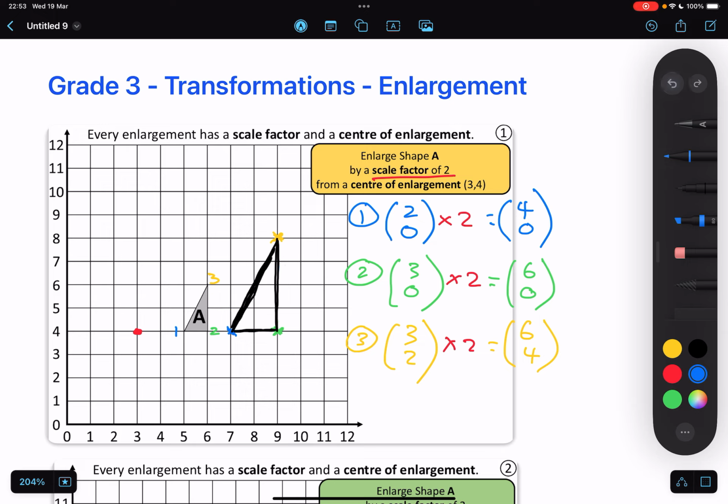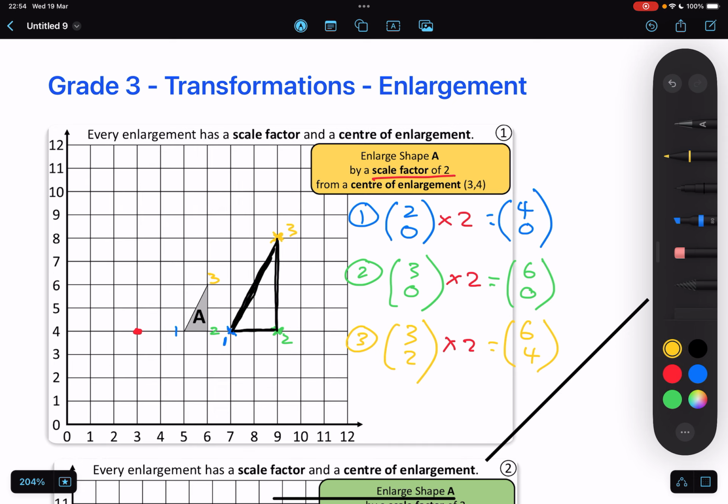The final thing that you will do is we can draw some lines. I call these rays. So what we do is, for example, we've got our new number 1, our new number 2, and our new number 3.